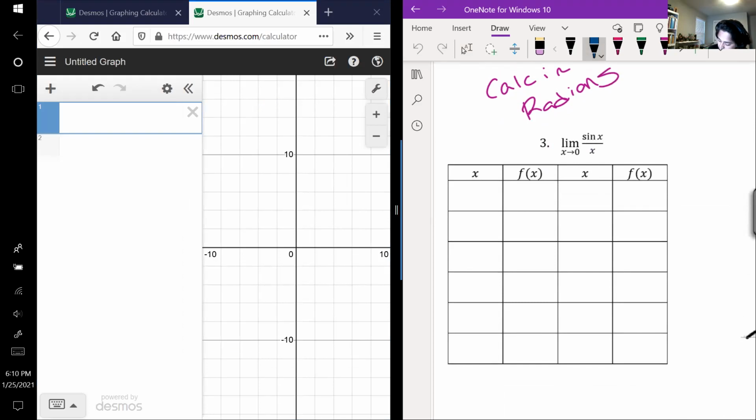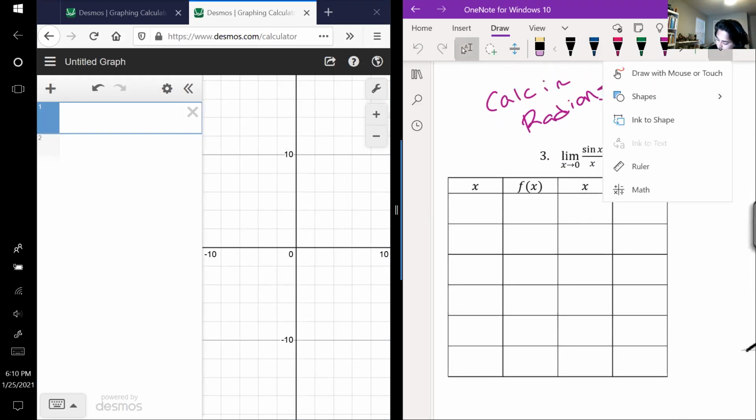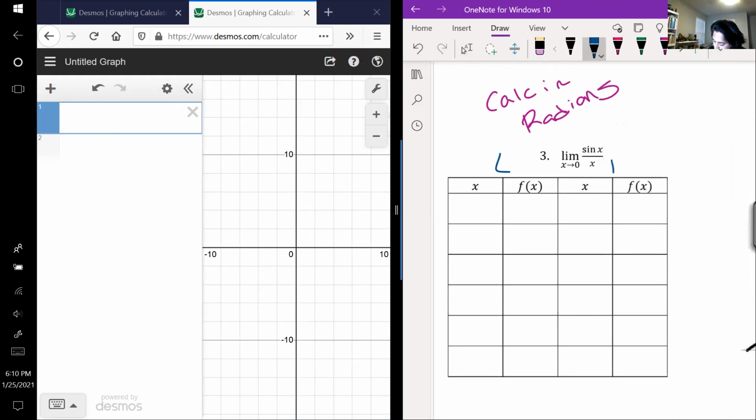So here's left, there's right, and if I'm picking numbers to the left of 0, again, we have negative 0.1, negative 0.01, negative 0.001, and how about negative 0.0001?